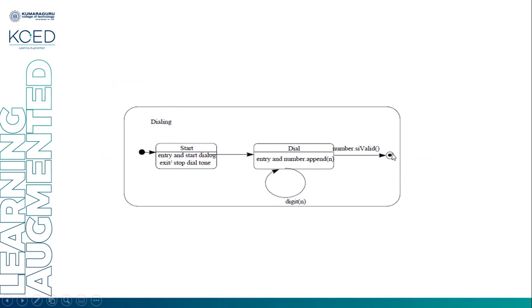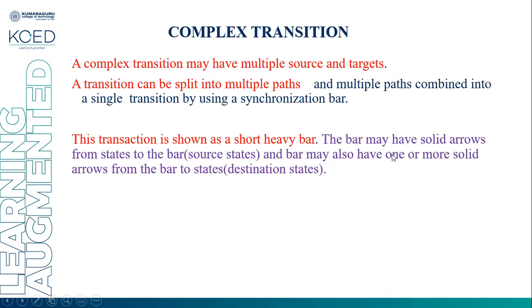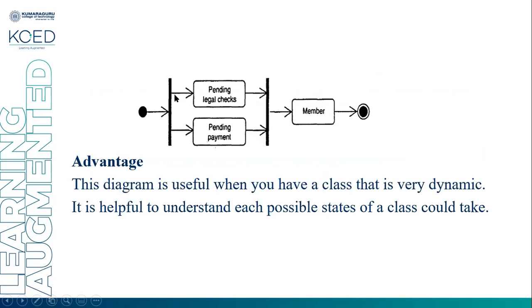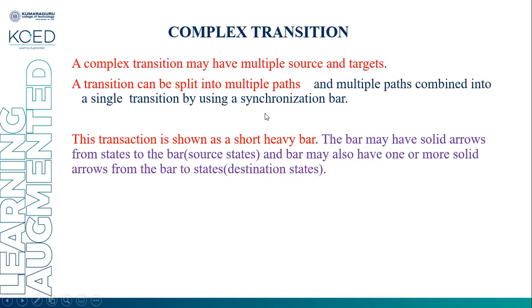Complex transition. A complex transition may have multiple sources and targets. A transition can be split into multiple paths, and multiple paths are combined into a single transition by using a synchronization bar.